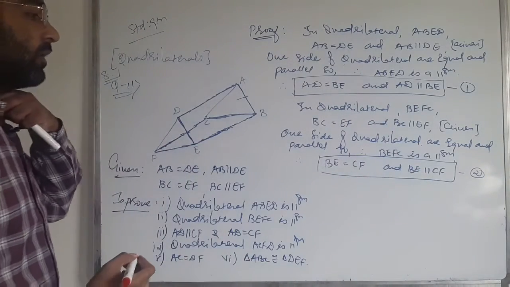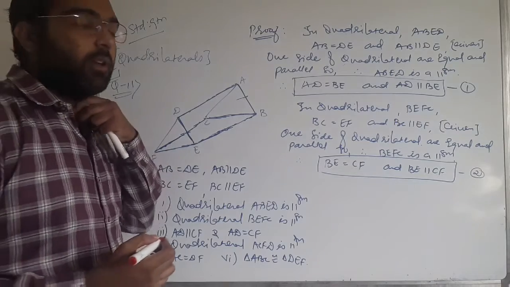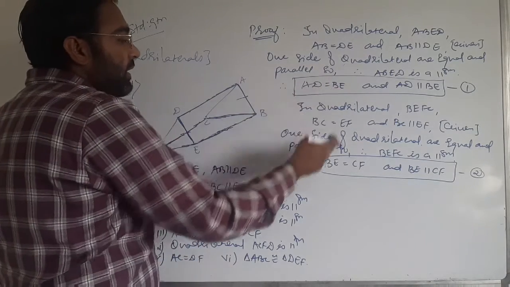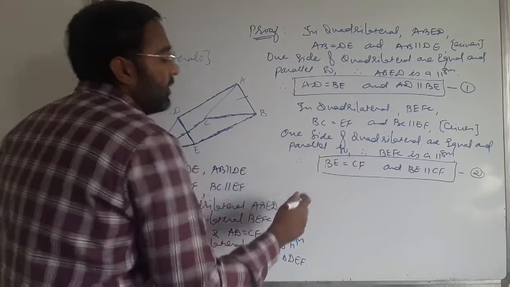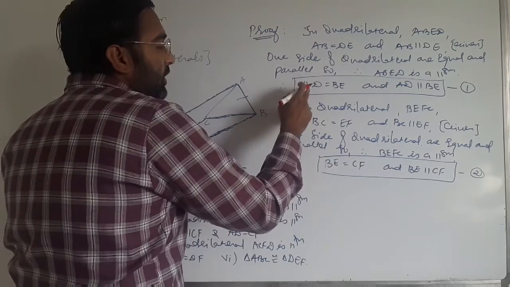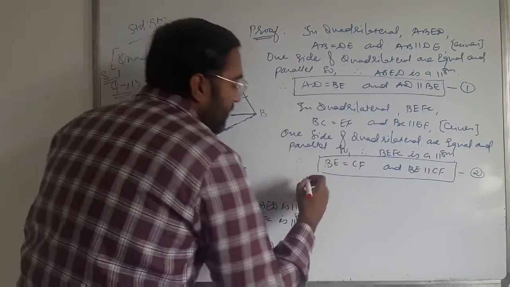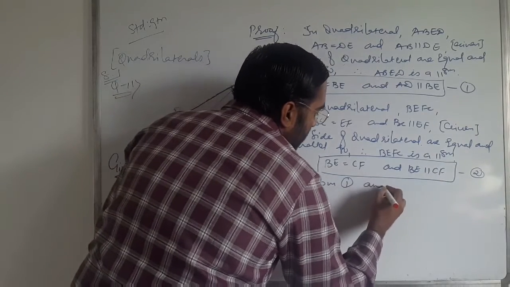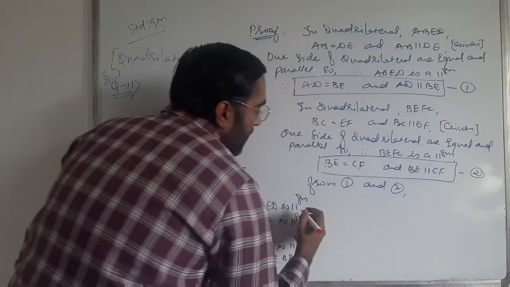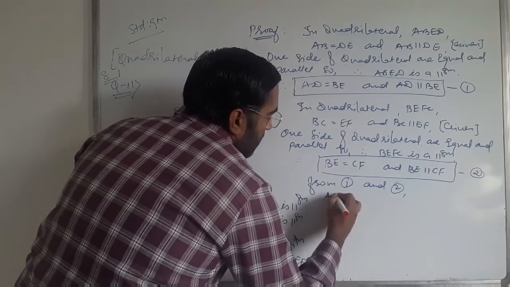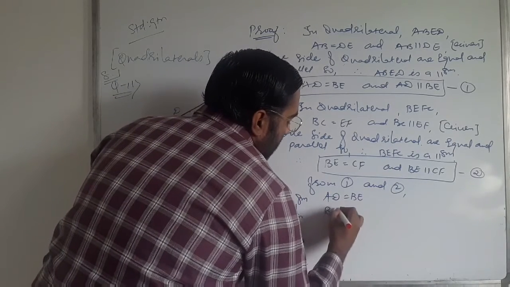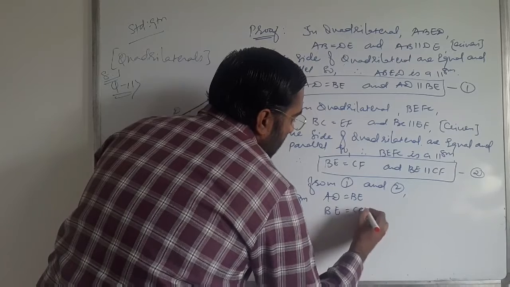Now from 1 and 2 we are seeing that AD is equal to BE and BE is equal to CF. So that's why we are writing AD is equal to CF. Okay, so from 1 and 2, AD is equal to BE and BE is equal to CF.